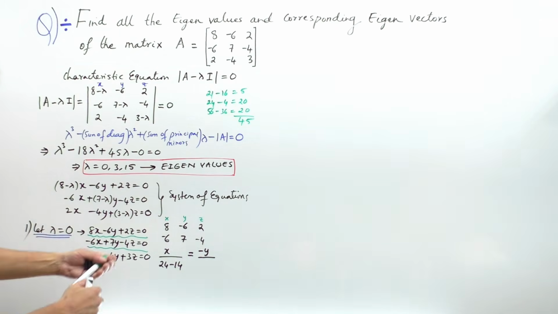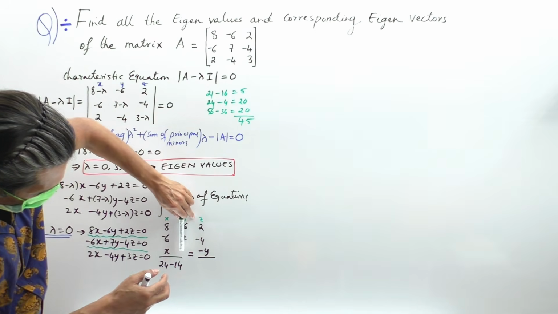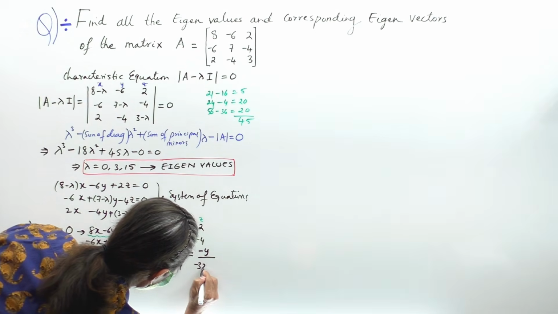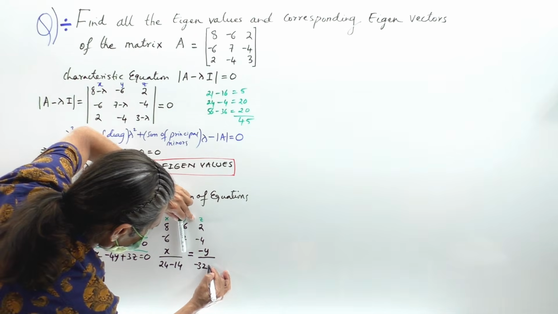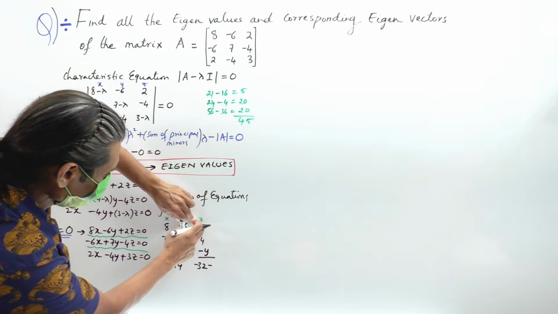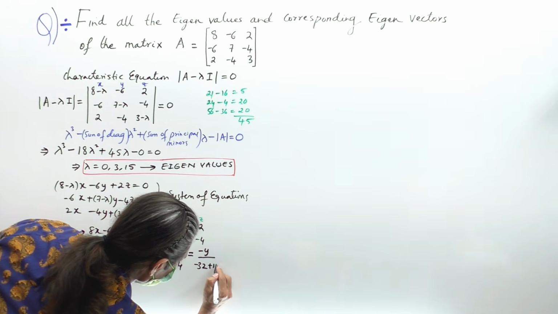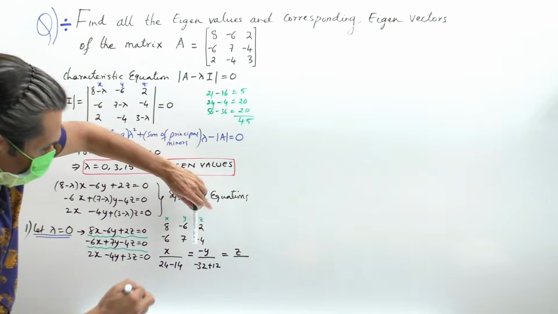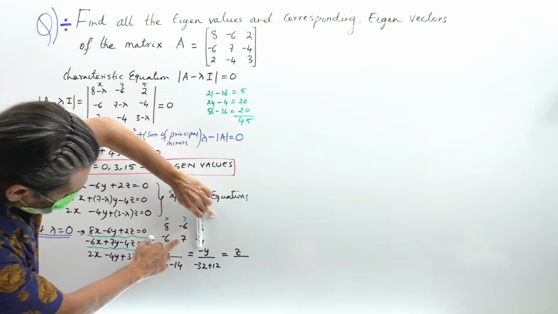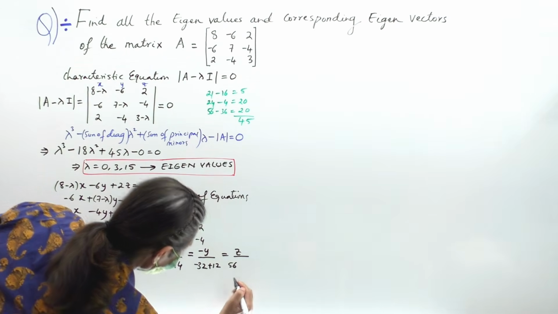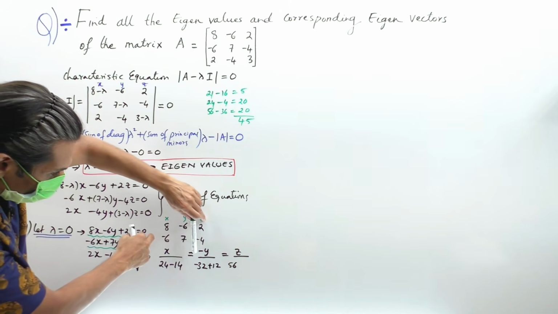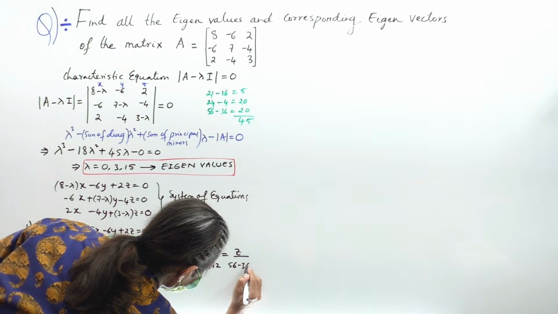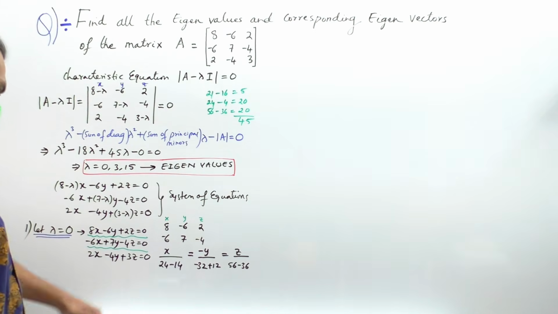Minus 5 upon, again leave this y column: 8 into minus 4 is minus 32, minus 6 into 2 is minus 12, so minus of minus plus 12 is equal to z divided by, leave this, 8 and 56, minus 6 into minus 6 is plus 36, so minus 36. Done. So I have this here now.